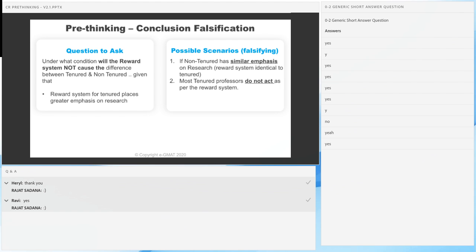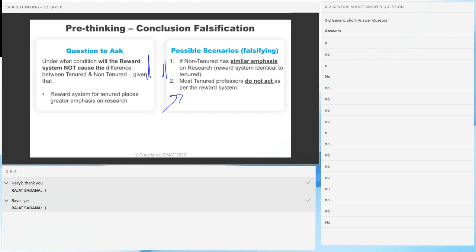Again, let's look at the same piece over here. What are the possible scenarios, when you think about it, in which you can't blame the reward system? One of the possible scenarios is if lecturers have an identical reward system. If both tenured professors and lecturers have an identical reward system, then can you blame the reward system? Yes, no? No, then you can't blame the reward system, right?